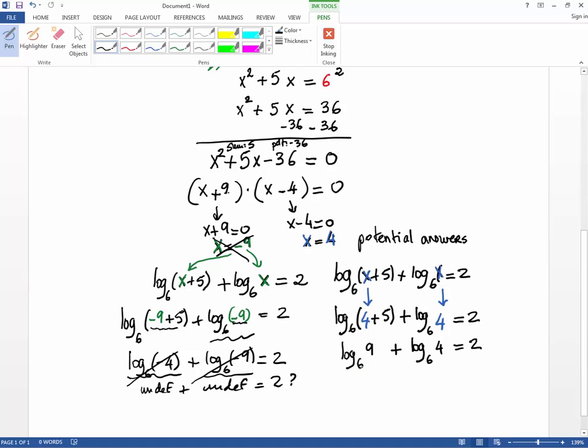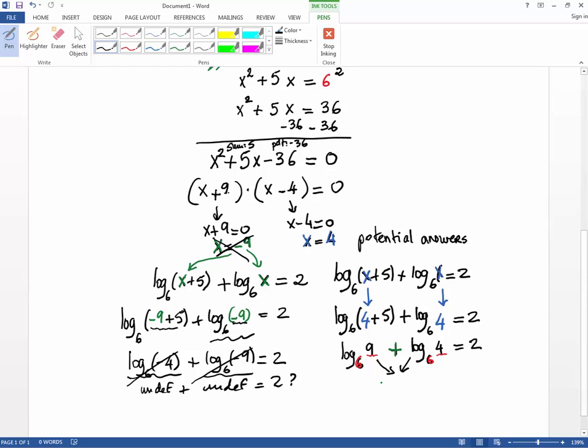It's a little difficult for us to evaluate log base 6 of 9 on its own and log base 6 of 4. Which power of 6 gives you 9? You would be able to find that with a calculator, I would assume. But let's do this. Since we have two logs that are being added to each other, they both have the same base 6, and both of those logs have a number inside of them that's not illegal, not a 0, not a negative.